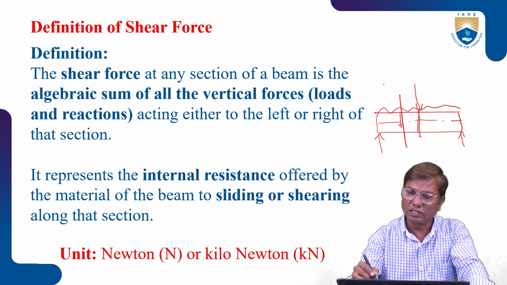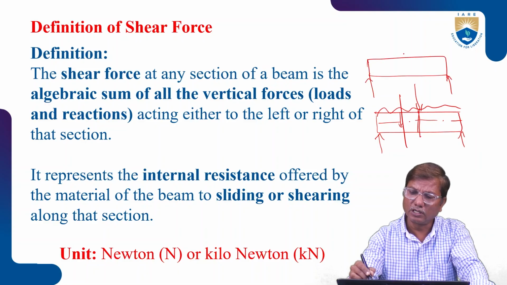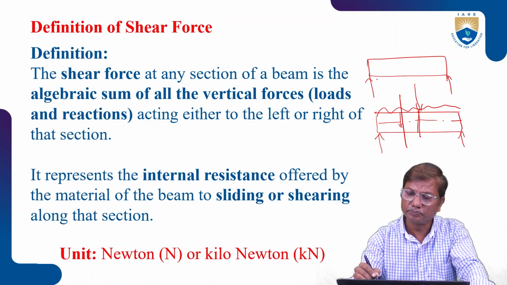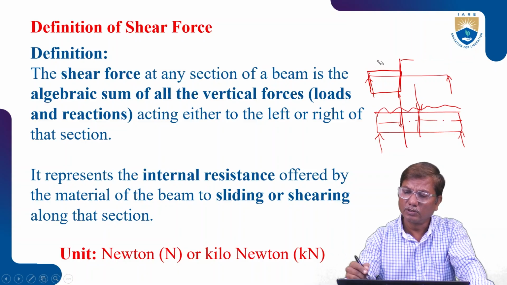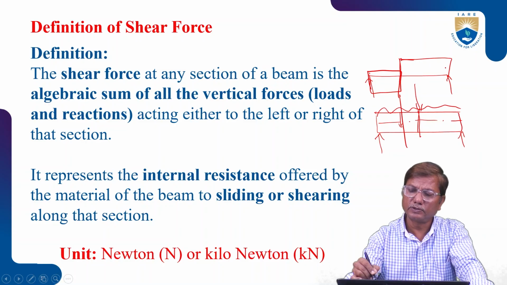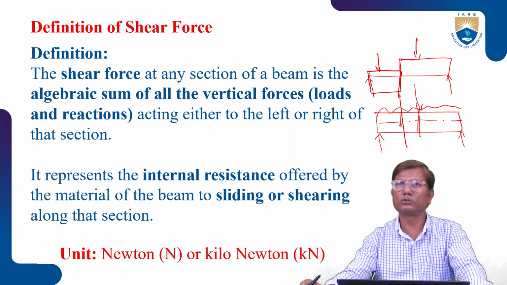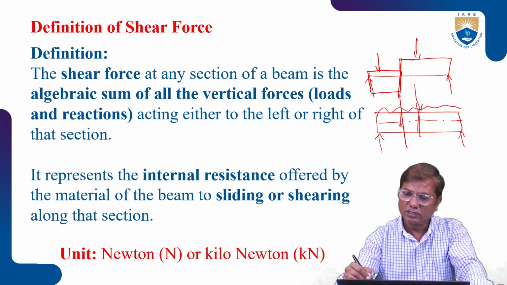It will have the shearing action. That means the failure will be something like this under the action of shear, once one part slides something like this. So if the failure takes place due to shear, that will be in this form.